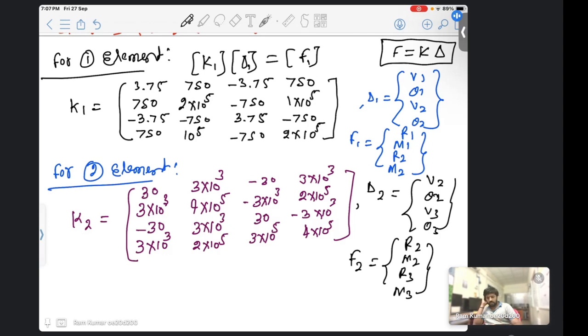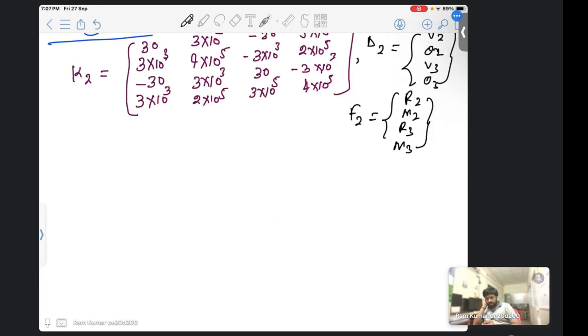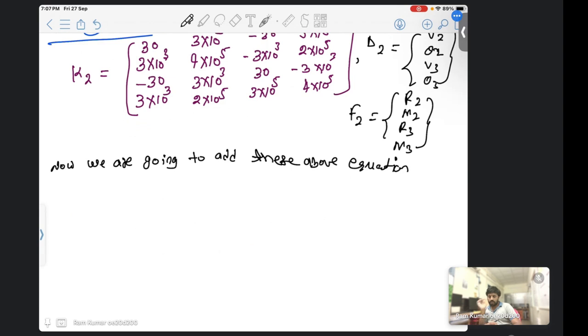So now we are going to add the above equations to get the global equation.